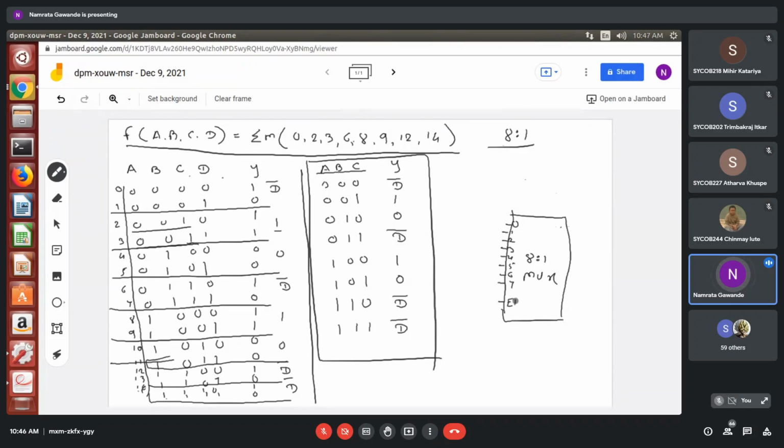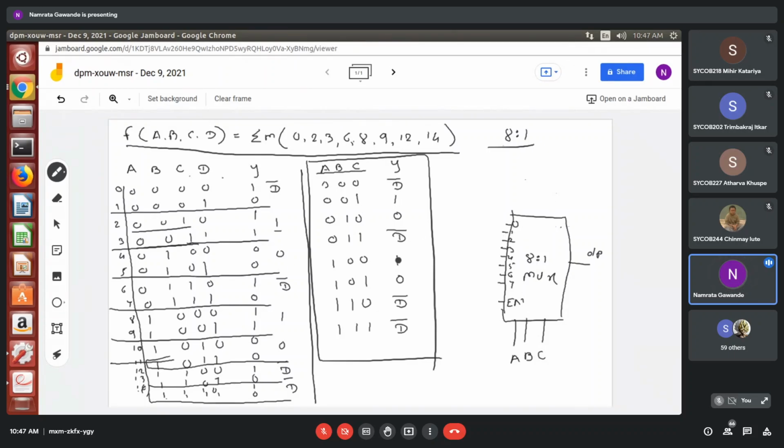This will be enable, and the output. How many select lines? 3 select lines, A, B, C.